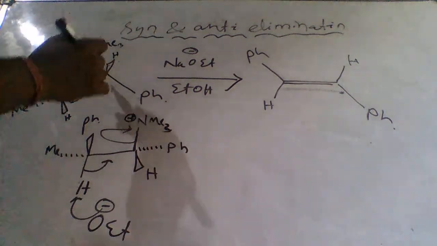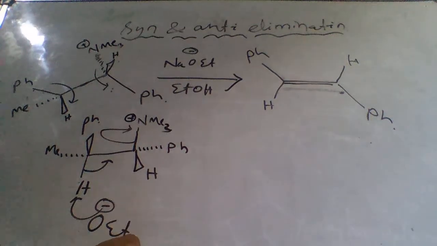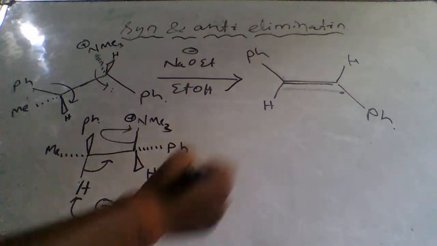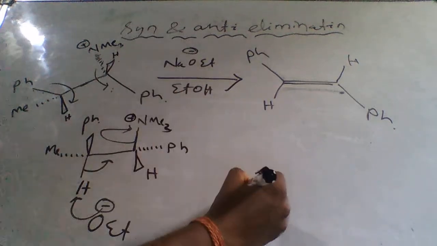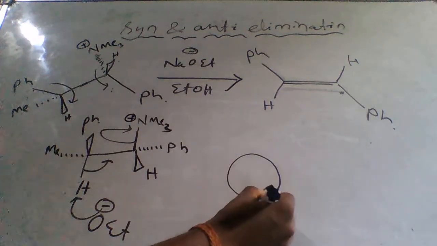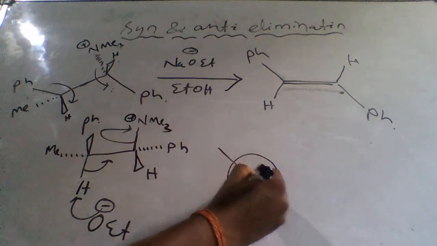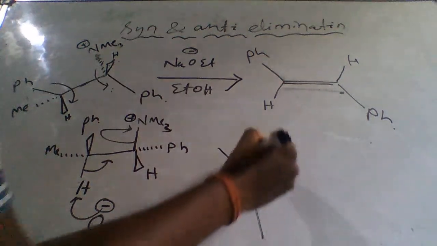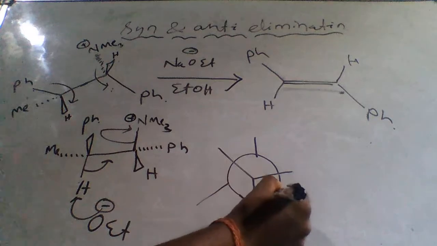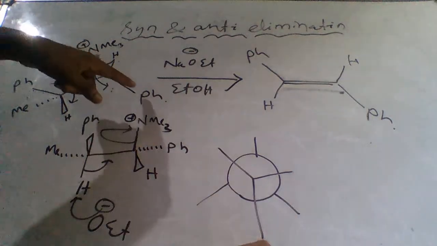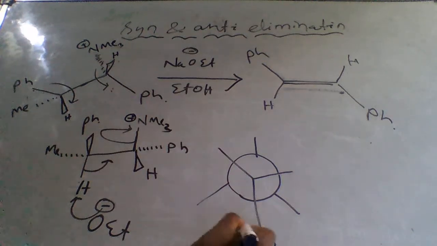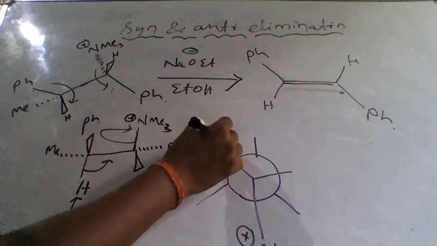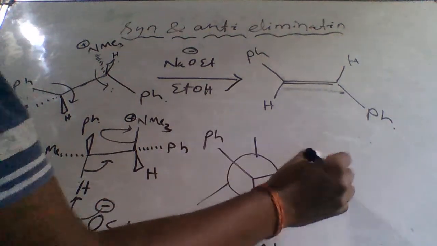So we can see it in the Newman projection formula. We can draw Newman like this. Here I will take this one as NMe3, and here phenyl, and here hydrogen.